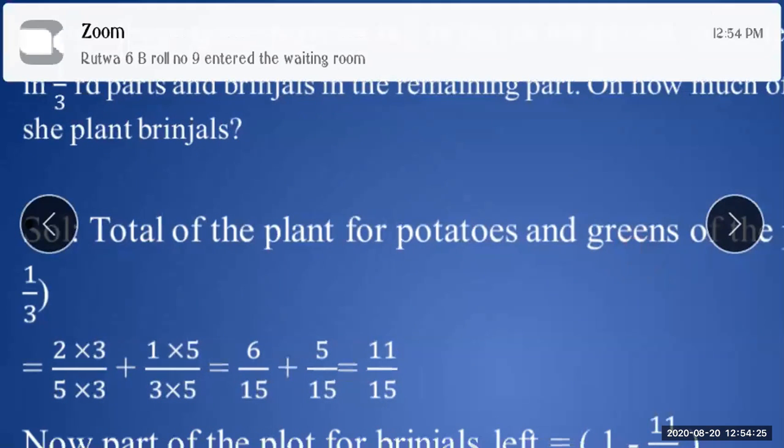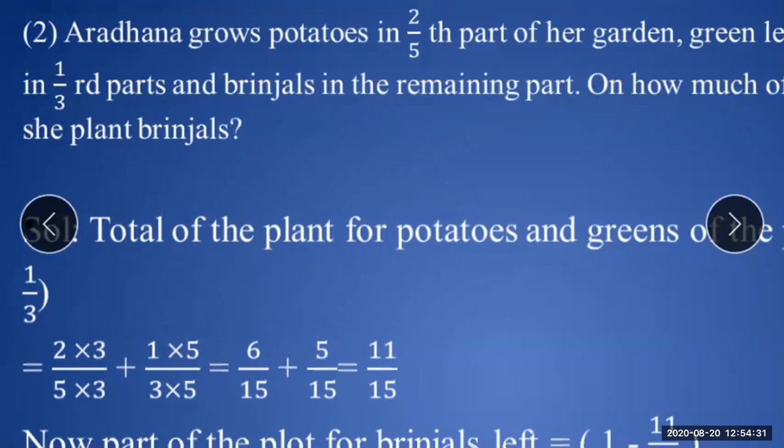Now how much? जो remaining part है वो कितना है, that you have to solve and you have to explain. So first she grew potatoes in 2/5 part and green leafy vegetable in 1/3 part, and in the remaining part she grew brinjal. How much brinjal she grew in that part, that we have to solve.